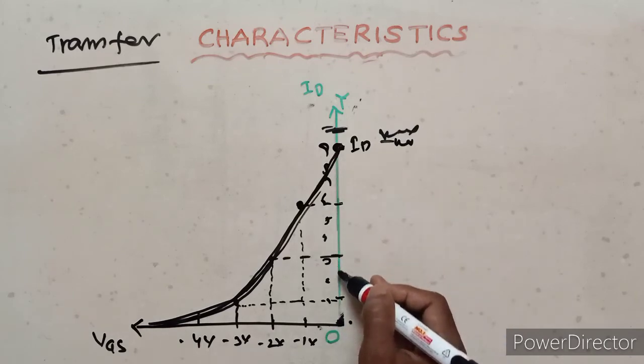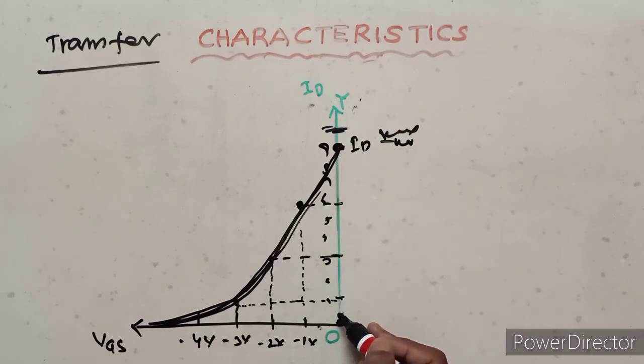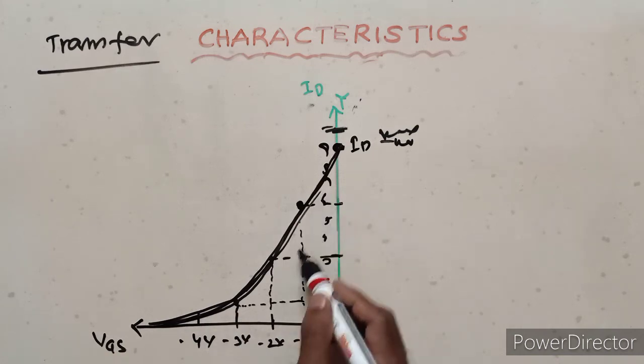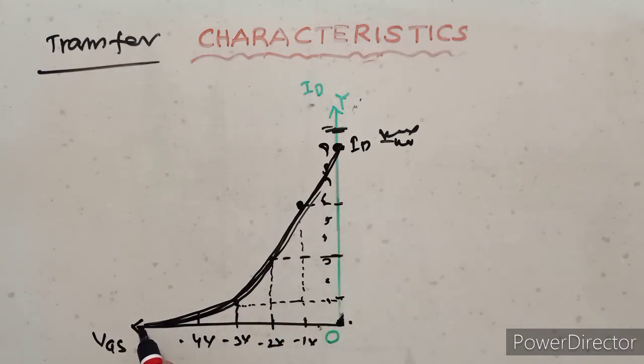Drain current decreases as VGS increases in the negative value. At one particular voltage, the channel width is completely reduced, and that voltage is called the pinch off voltage.